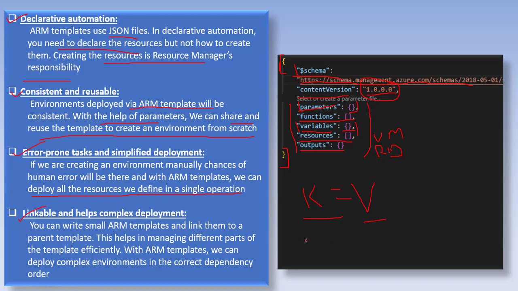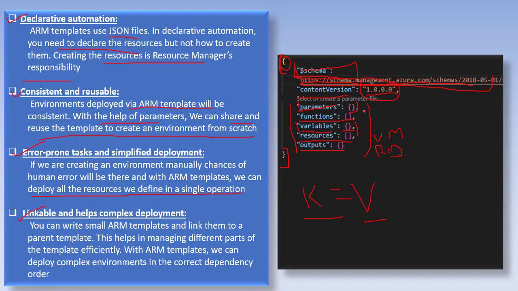If you say name, Rohit Singh, that's a value which we are assigning. So wherever you say curly braces, that means it's a key value pair which we are talking about. So these are the keys. If you see, schema is a key, and the link which you see, this is the value. Content version is a key, this is the value.